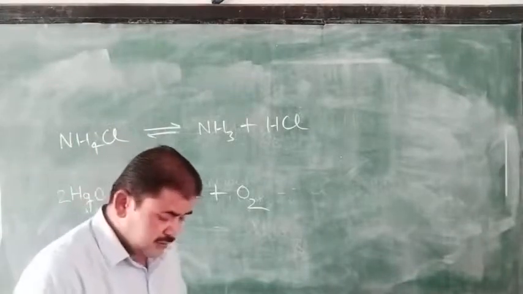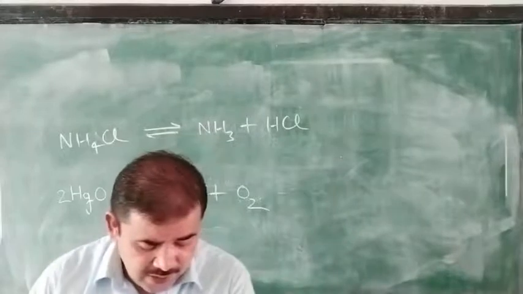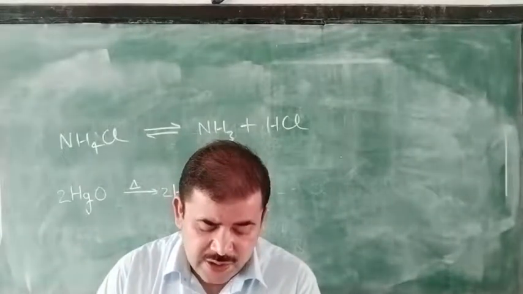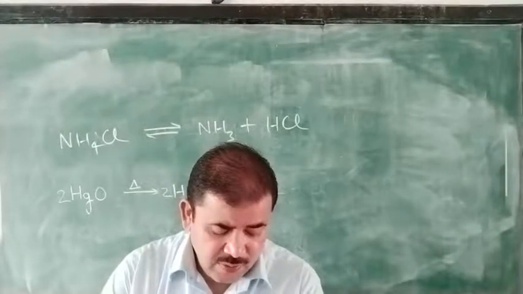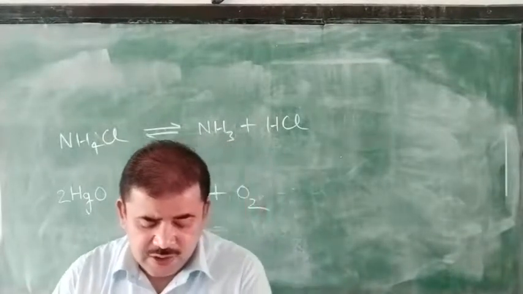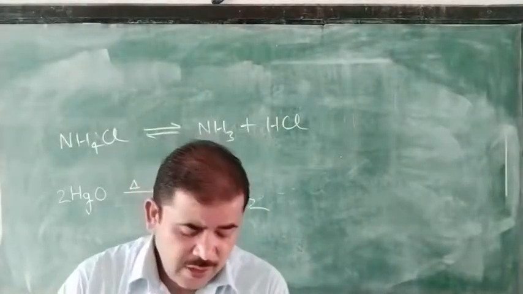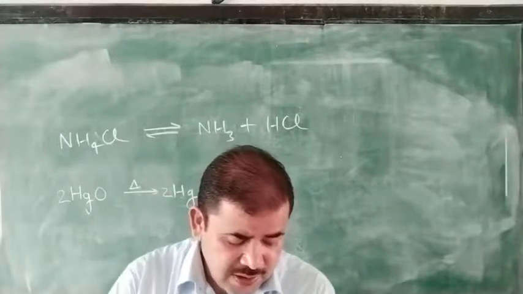And next, question number 13. Define a displacement reaction with a suitable example. State how it is represented. Give a reason why zinc displaces hydrogen from dilute sulfuric acid but copper does not. Displacement reaction you can explain here, and we know the reason why zinc displaces hydrogen.